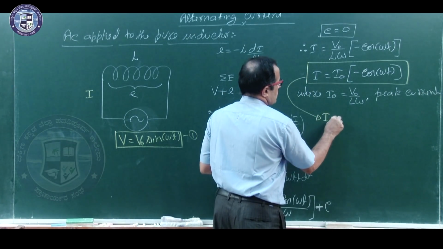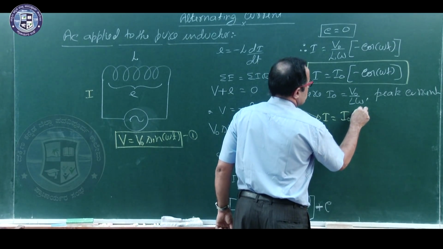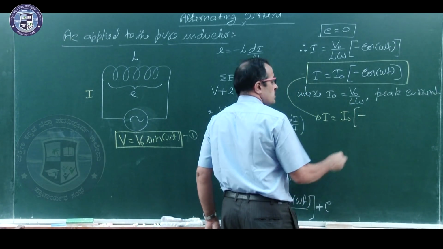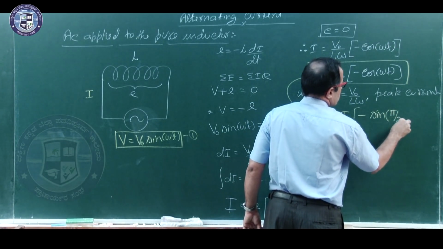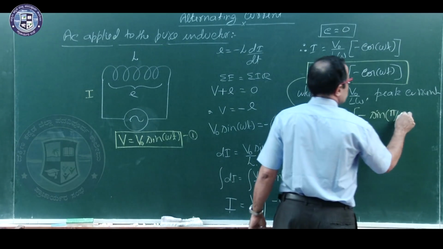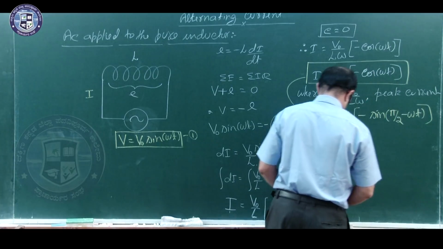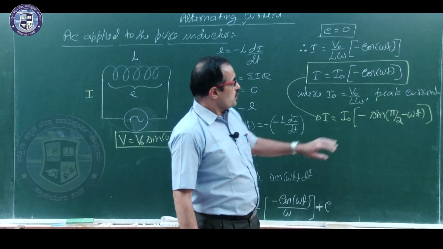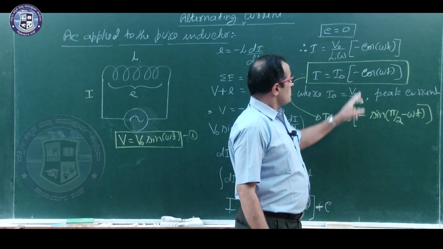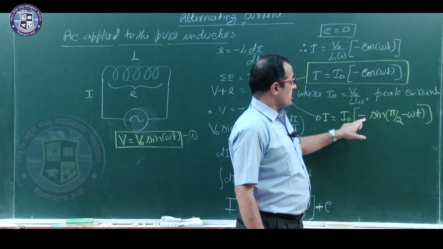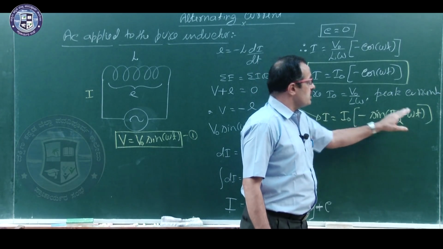That is I is equal to I naught into minus sine pi by 2 minus omega t, because we know sine 90 minus theta is cos theta. This minus sign as it is. Now, it is the sine function, therefore, we can take minus sign inside.